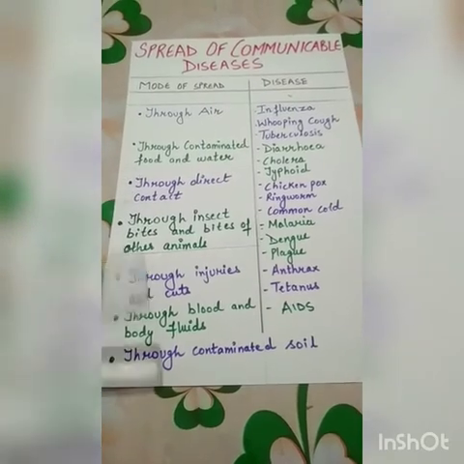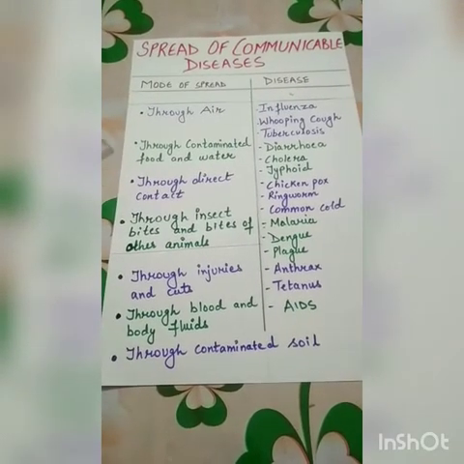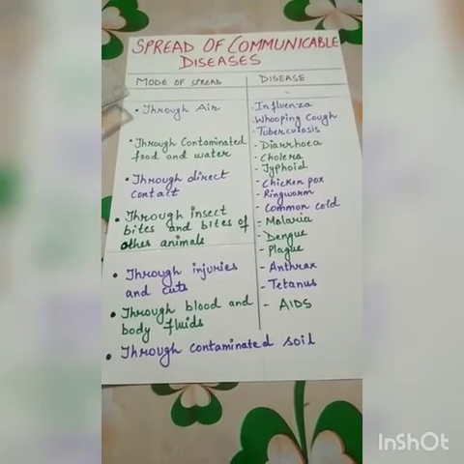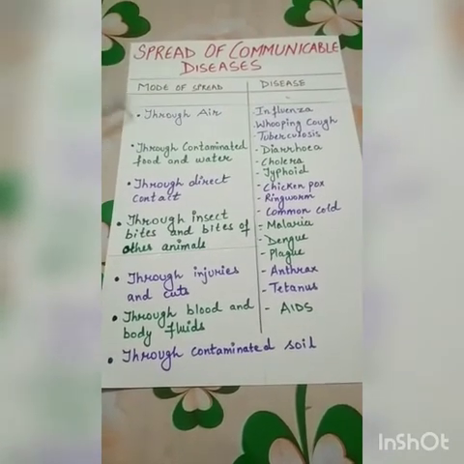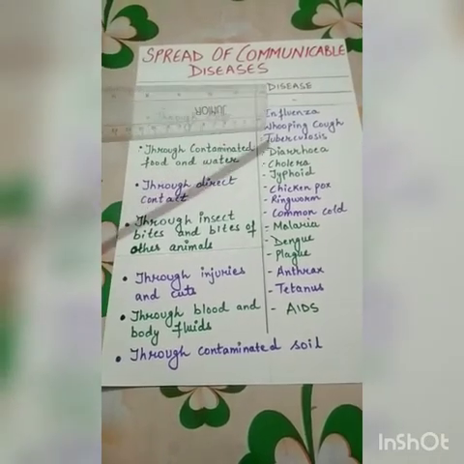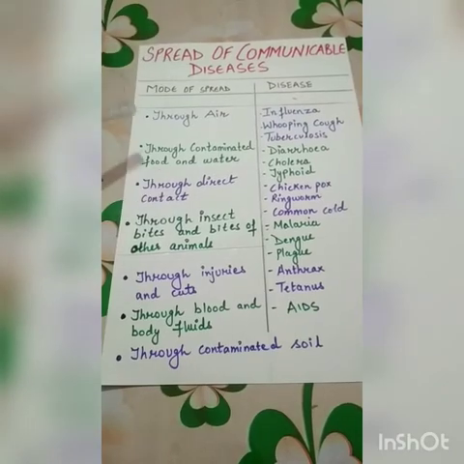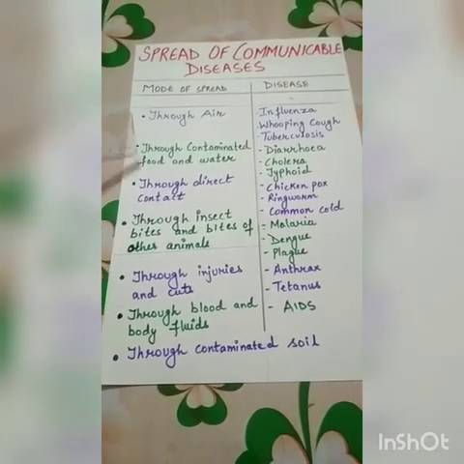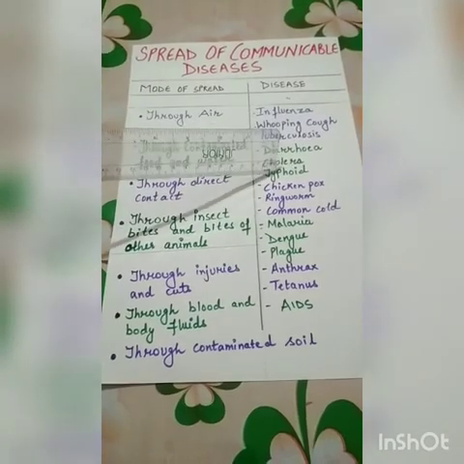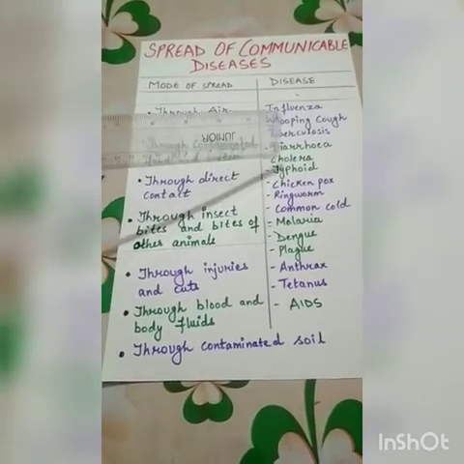I will tell you all this once again. The different ways through which communicable diseases spread are: number 1, through air. What diseases are spread through air? Influenza, whooping cough, and tuberculosis. Then, through contaminated food and water, diseases like diarrhea, cholera, and typhoid are spread.